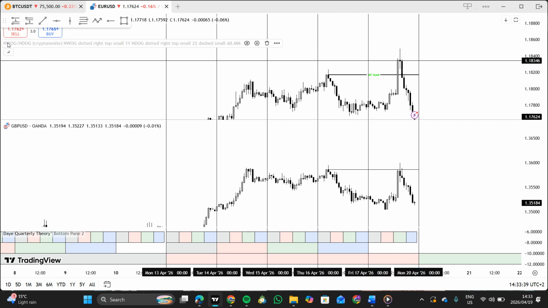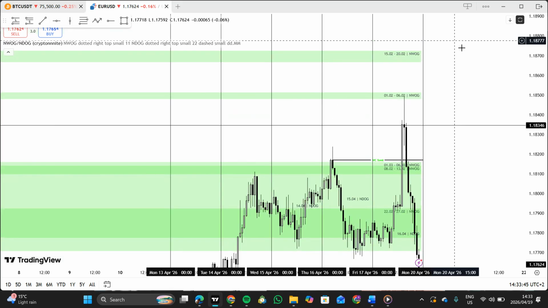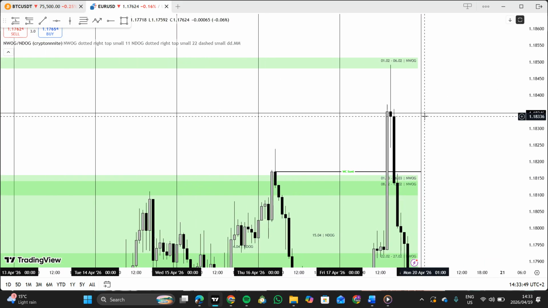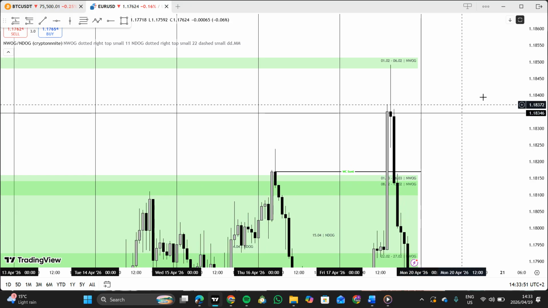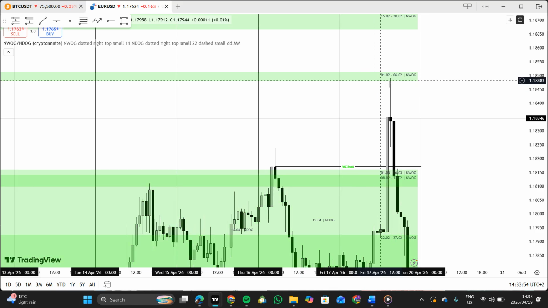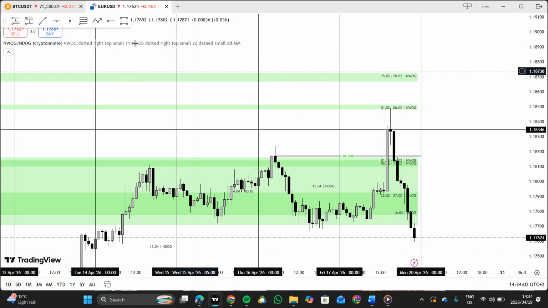So there's more to this, guys. If I just plug in this thing over here, can you see where the market stopped? Right on this new week opening gap, that's where the market went ahead and stopped.